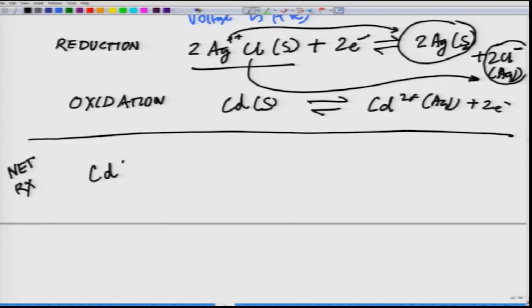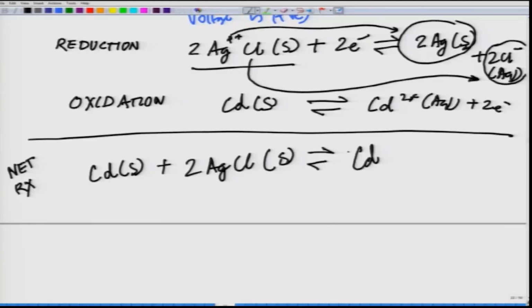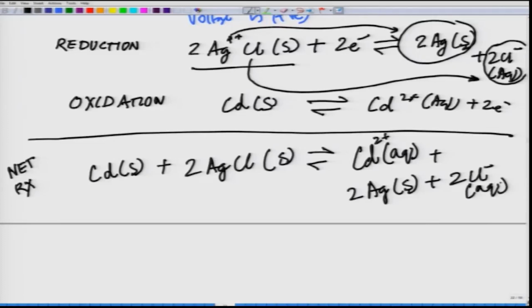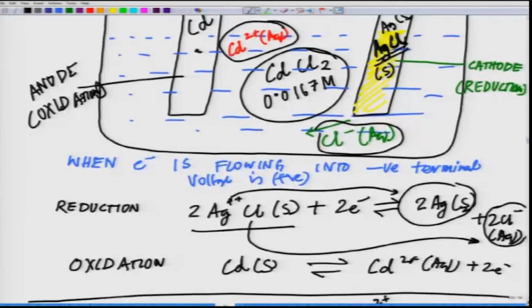You have cadmium which is solid plus 2 AgCl which is also solid, making cadmium 2 plus, the cadmium ion migrating into the aqueous solvent, plus 2 Ag which is the solid deposition, and 2 Cl minus which is aqueous. And you remember we use cadmium chloride as the electrolyte out here. So this is what is happening in this situation.